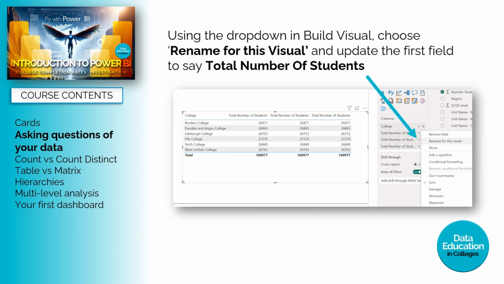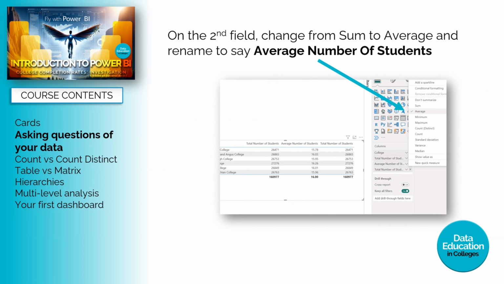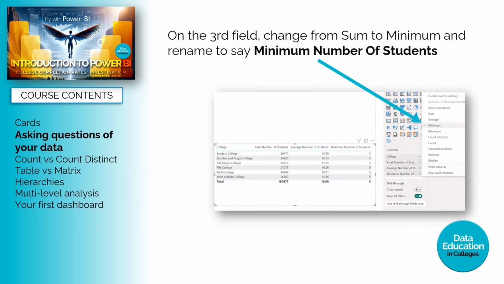Don't worry, it's changed to the others. We've got them all as sum at the moment. And then on the second one, change sum to average and rename to say average number of students. Then on the third, change from sum to minimum and rename to say minimum number of students.